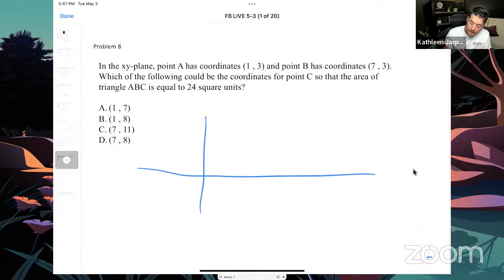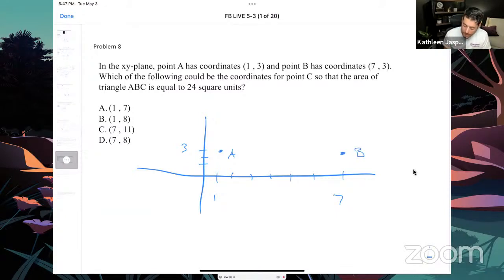So I have point A at 1, 3. So here's 1, and here's 1, 2, 3. So point A is right here at 1, 3. And then point B is at 7, 3. So it's 1, 2, 3, 4, 5, 6, 7, and then it's still at 3.